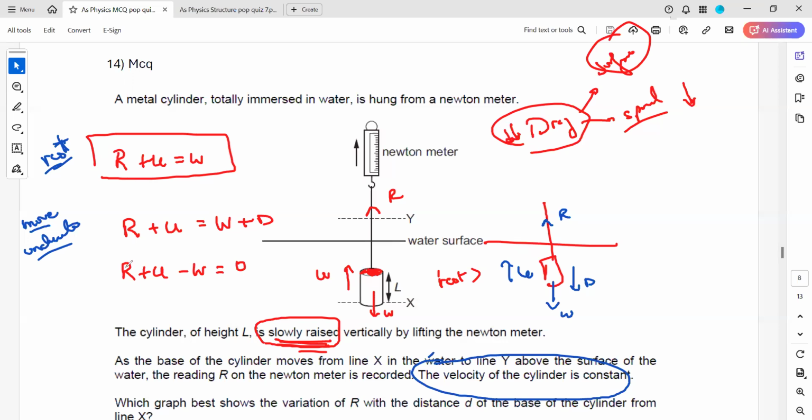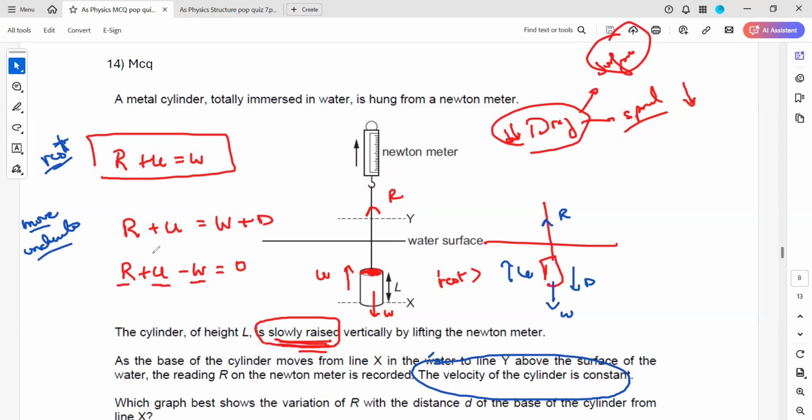So it means the upward force of the Newton meter plus the upthrust equals the weight. Now when it is completely submerged, the weight is not changing and the upthrust is not changing. So what should happen to the value of R?